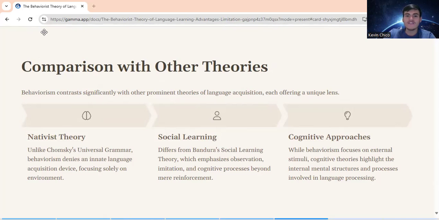Social learning differs from Bandura's social learning theory, which emphasizes observation, imitation, and cognitive processes beyond mere reinforcement. And the cognitive approach: while behaviorism focuses on external stimuli, cognitive theories highlight the internal mental structures and processes involved in language learning.